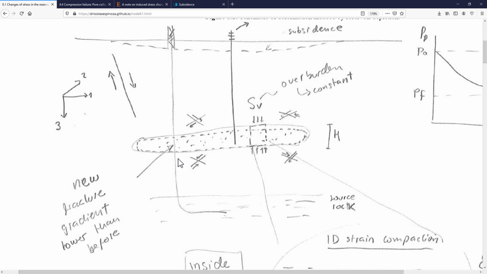And this is something that we have seen before, but now you can see the reason right away of drilling through depleted formations where the pressure is still low.